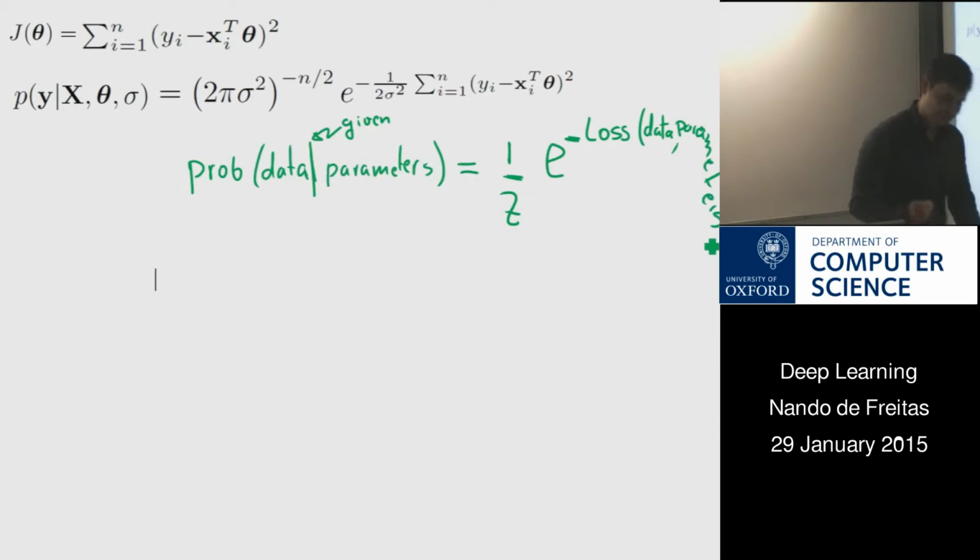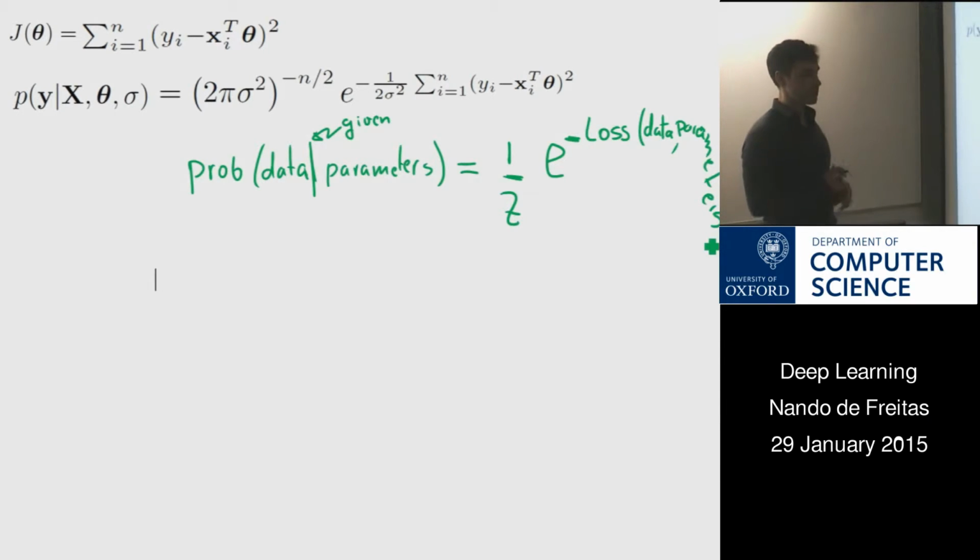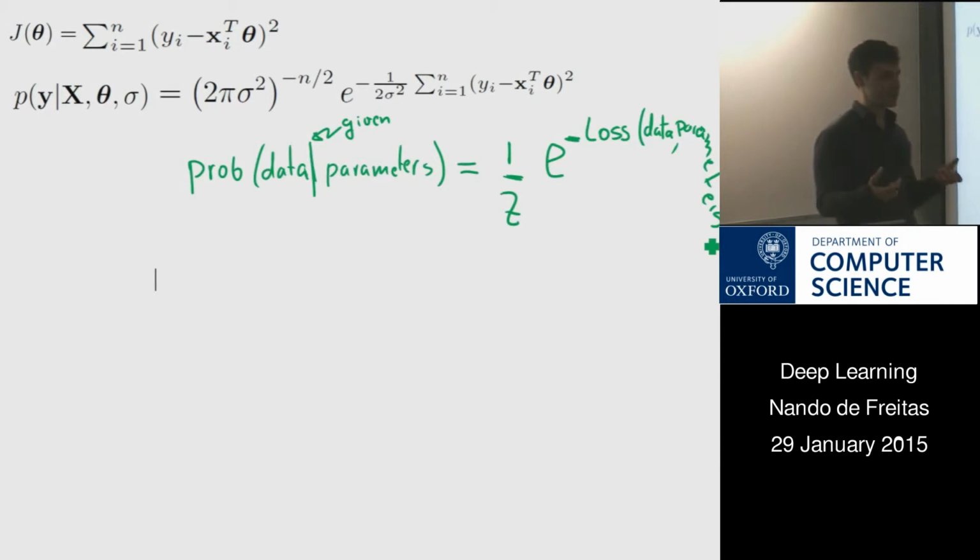Okay, so if you take a loss, negate it, exponentiate it, and then divide by the normalizing constant, so that the integral over the data sums to 1, you get a probability. And we will interchangeably go from loss to probability by doing this.